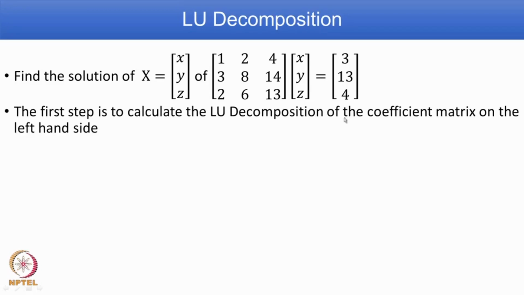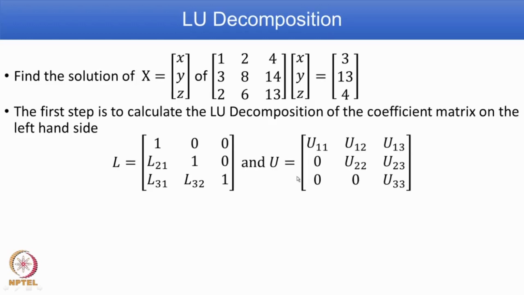The first step is to get the LU decomposition of the given coefficient matrix, and we write L as given here. The L matrix has diagonal elements as 1, and L21, L31, L32 are the elements in the L matrix, and the upper part of the L matrix is 0.